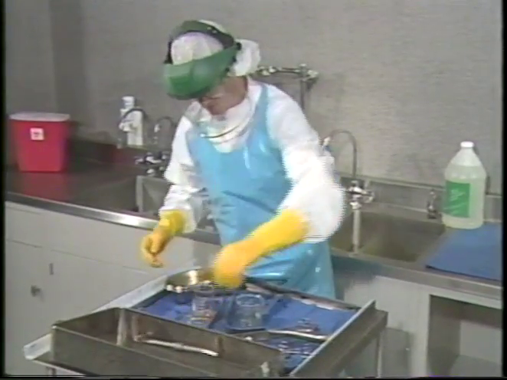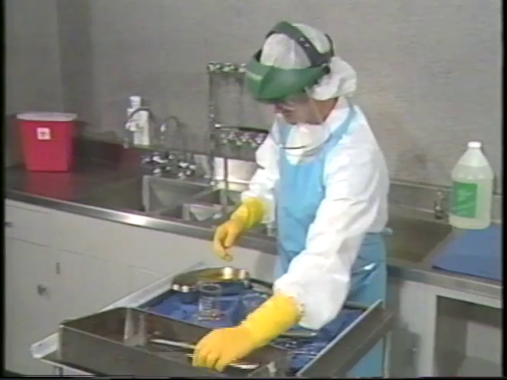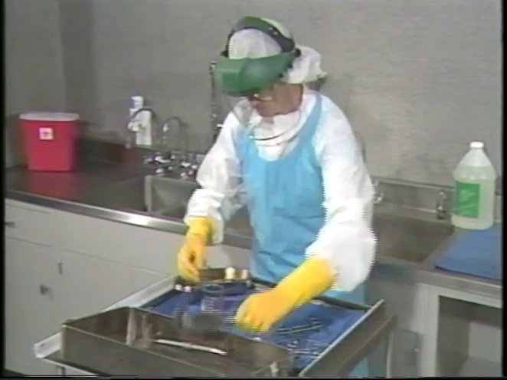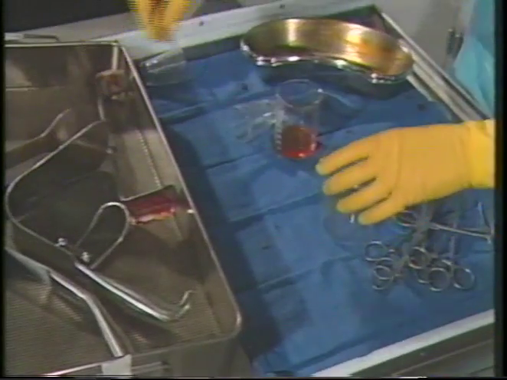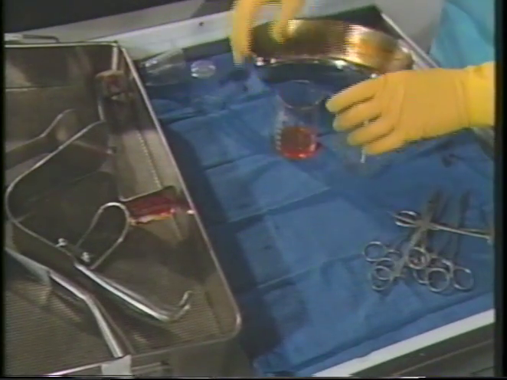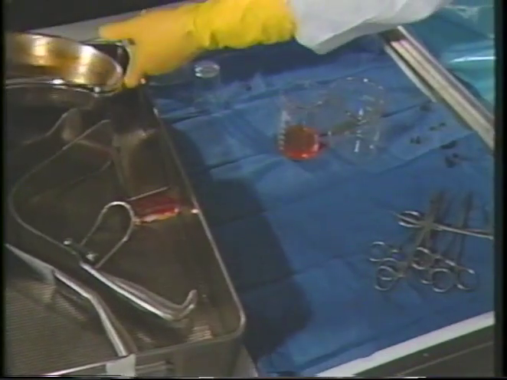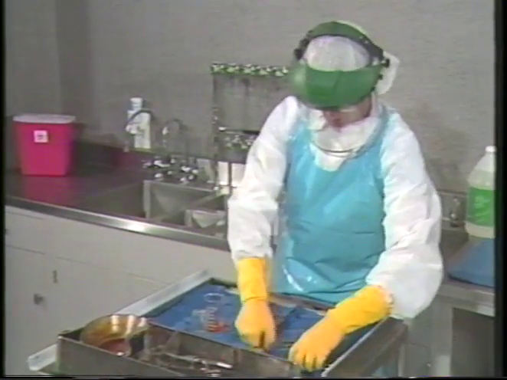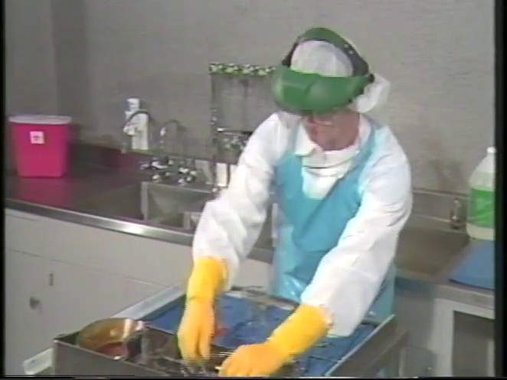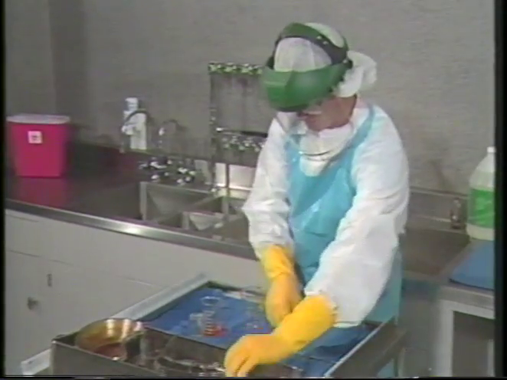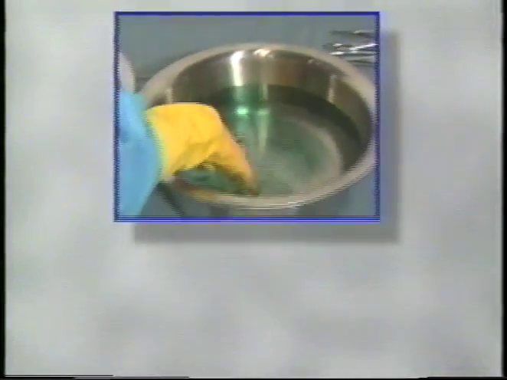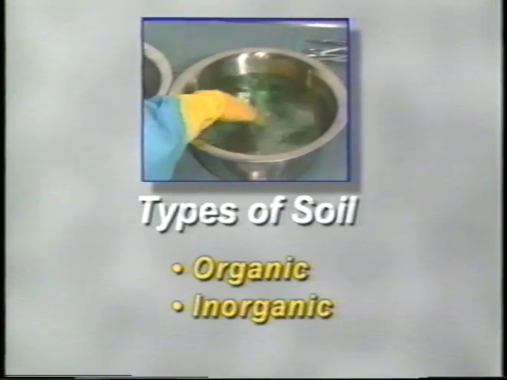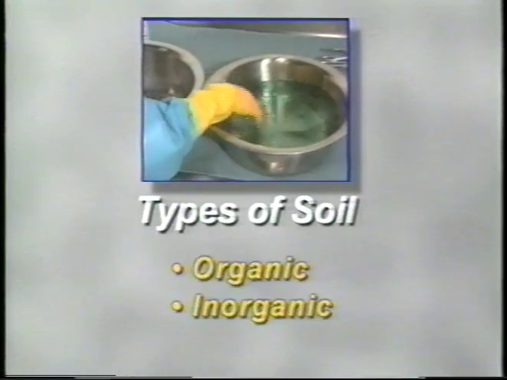Probably one of the most important factors is the type and amount of soil present on the device you're attempting to clean. After ascertaining the manufacturer's recommendations regarding the appropriate method for cleaning of the device or equipment, one should pre-sort them into two main categories dependent on the types of soil to be removed. Soil is usually classified as either organic or inorganic.